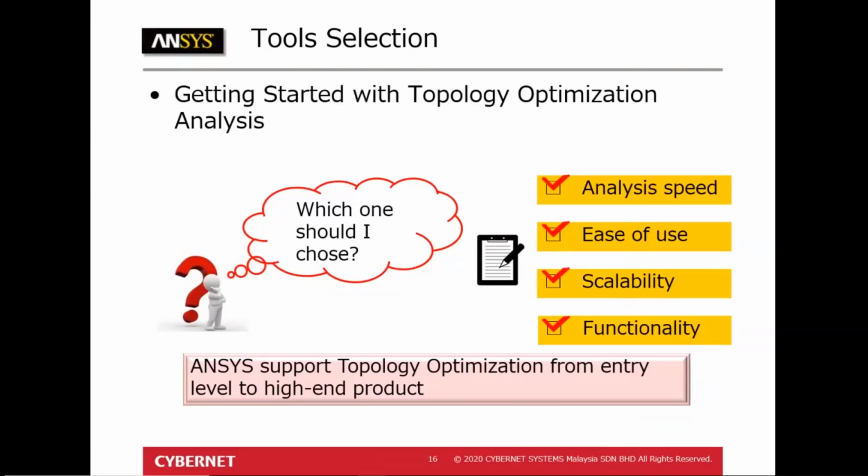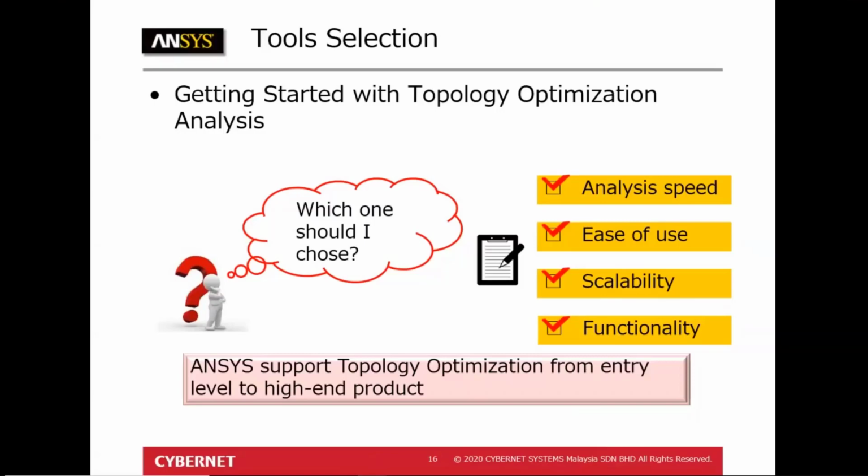ANSYS offers several different types of topology optimization capabilities, ranging from entry level to very high end. Now, one of the ANSYS products offers an easy to use, intuitive, high-speed approach to dealing with topology optimization. The other product delivers high accuracy optimization with much higher flexibility in terms of setting objectives and constraints.